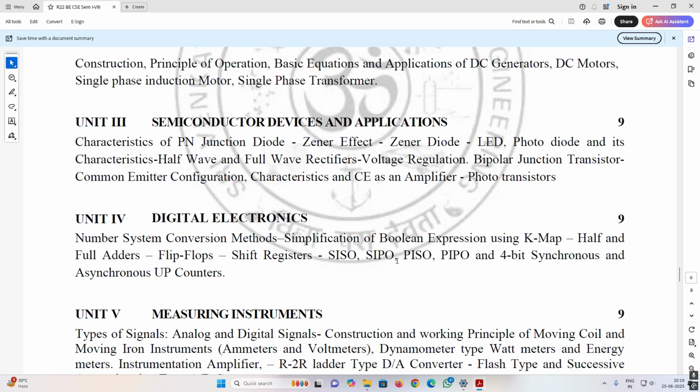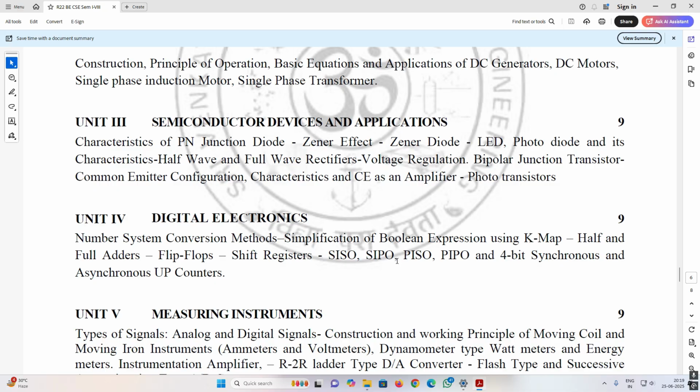So the topics covered in this unit 4 are number system conversion methods, simplification of Boolean expression using K-map, half and full adders, flip-flops, shift registers. There are four types.